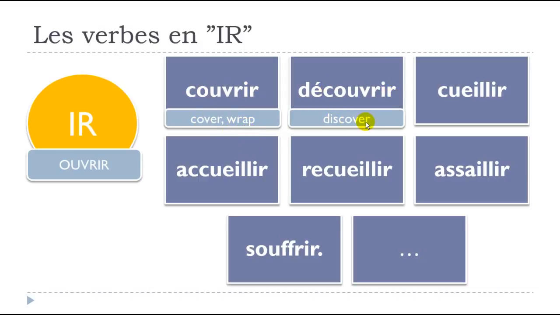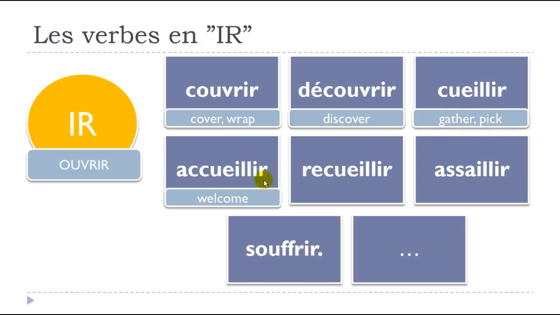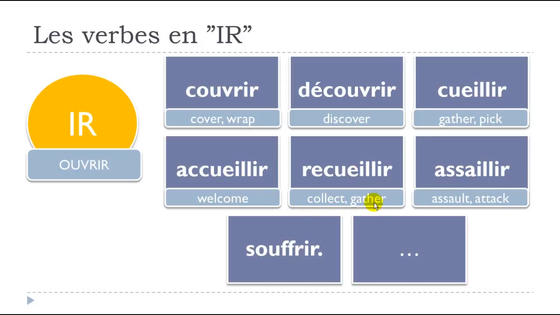Découvrir, to discover. Cueillir, gather, pick. Accueillir, welcome. Recueillir, collect, gather. Assaillir, assault, attack, and then souffrir, to suffer. So these verbs here will be conjugated the same way ouvrir is, and it's not that difficult.